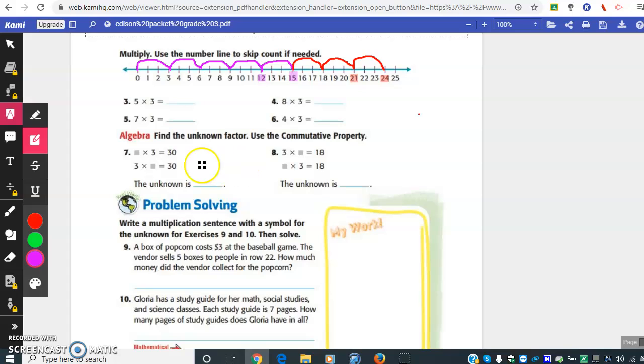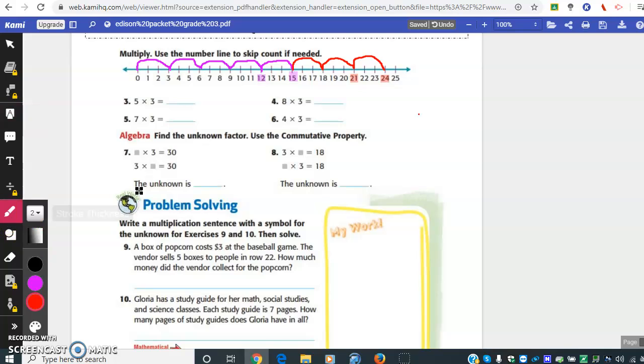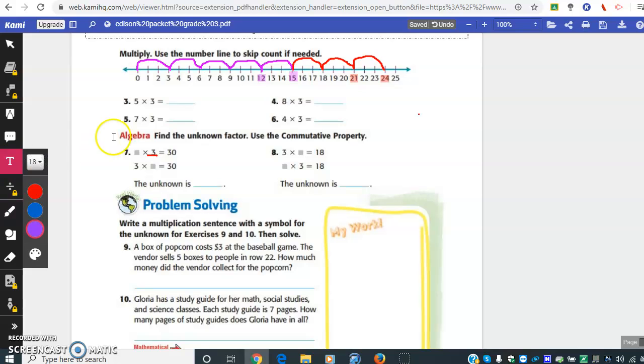Questions 7 and 8 are missing a factor. So I have something times 3 equals 30. Well, all you need to do is count by 3 until you get to 30. Well, my number line doesn't go to 30, but we can make it go to 30. Why not?